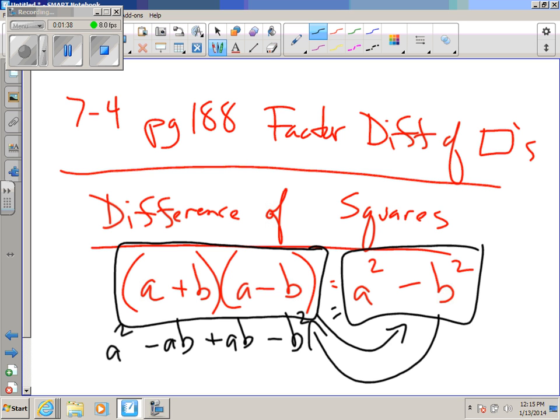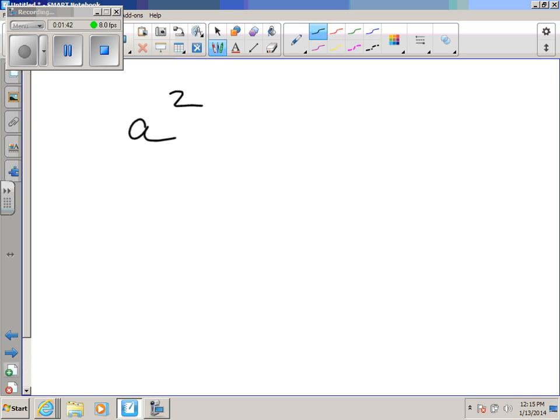Not so bad. We're going to say a squared minus 49. It's called difference of squares because it's a square of a, and 49 is a square of 7.